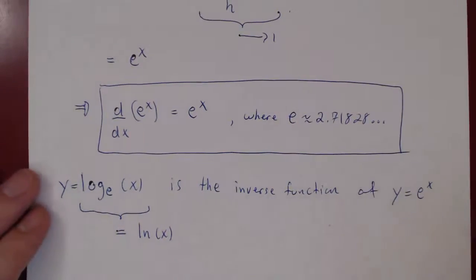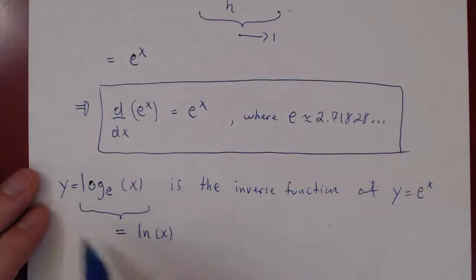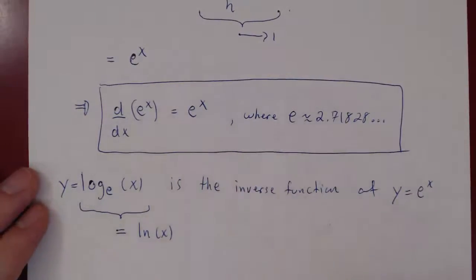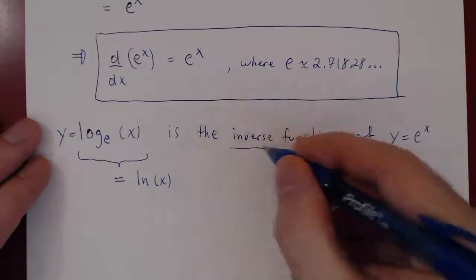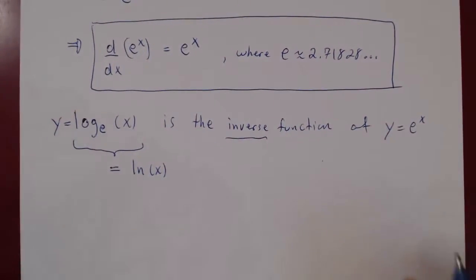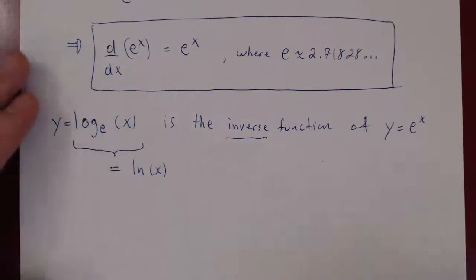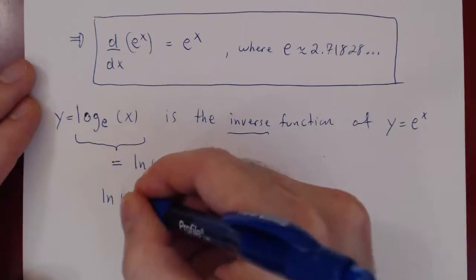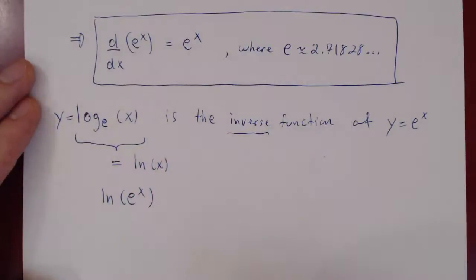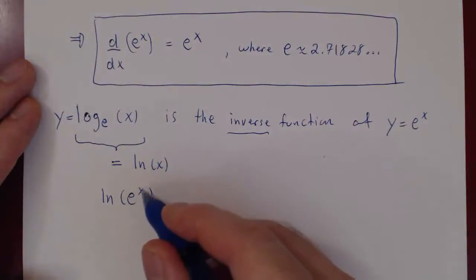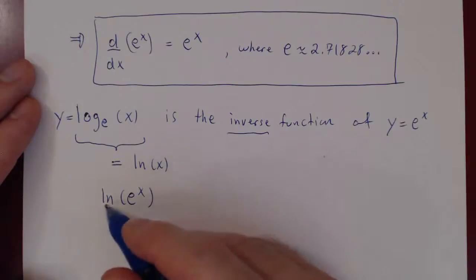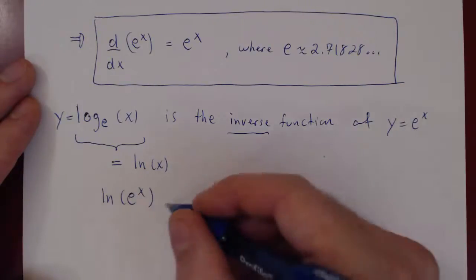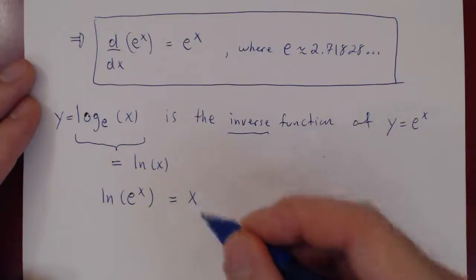And so now you ask, well, okay, what is the relationship between ln of x and e to the x? Well, it is the inverse function, and the inverse has a property of canceling the function with respect to composition of functions. So if you take the ln of e to the x, you first exponentiate x, then take the ln base e of this, all you will get is x.